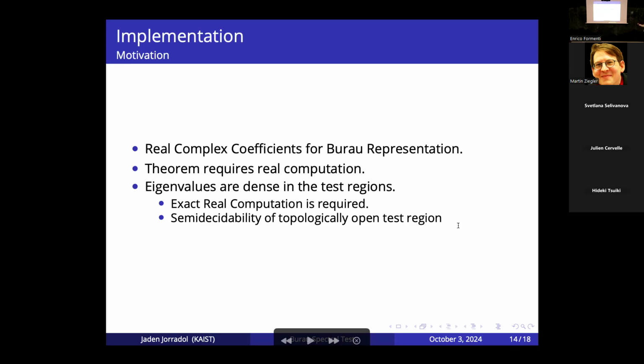And also the theorems of computable analysis say that if the topologically test region is open, then this test is semi-decidable. So as I said before, the test region of the obstruction is closed, right? So if you find some point in the complement of the test region, then you know that it is irreducible. The complement of the closed region is open, so you know by theory that it is semi-decidable.